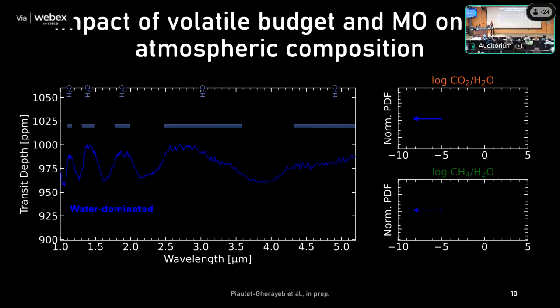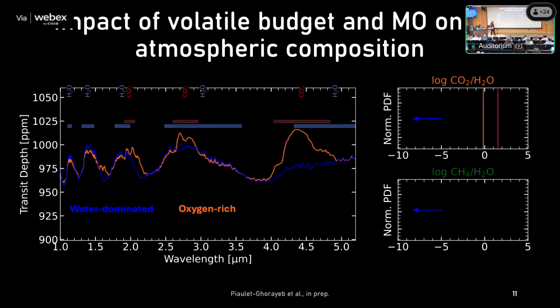The first one would be the planet has small features, high metallicity, but it's actually all water. It somehow has a water-dominated atmosphere. It's maybe hard to explain, if it has a magma ocean, why you're seeing so much water in the atmosphere. And so in that situation, you would expect to just see water features throughout and to have upper limits on your abundance ratios of carbon species to water.